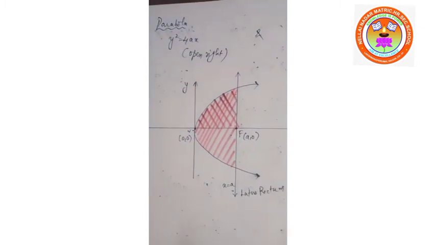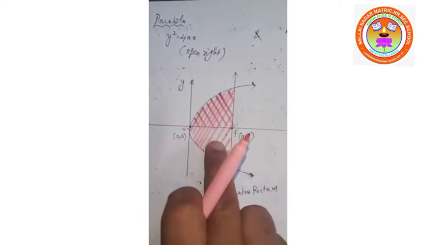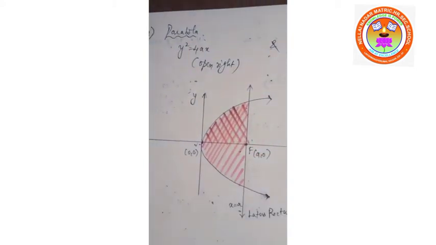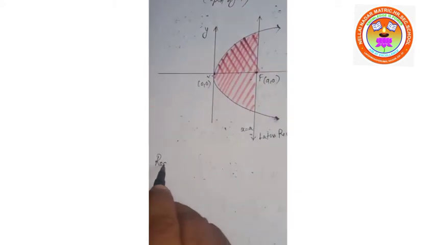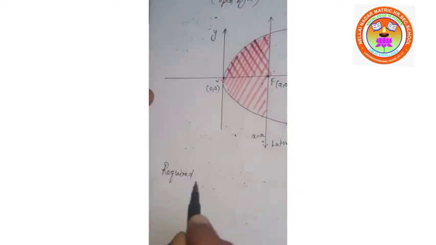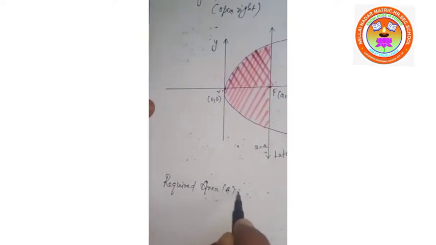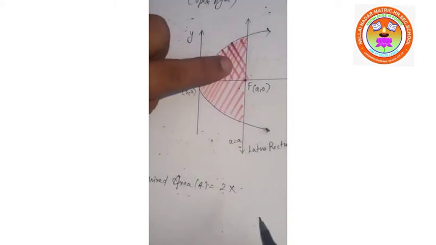The required area lies both in the first quadrant as well as in the fourth quadrant, but I am going to find the area in the first quadrant, then multiply it by 2. Required area equals 2 into the shaded area in the first quadrant.